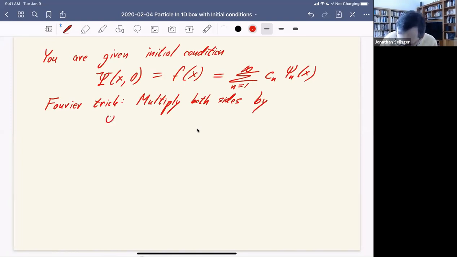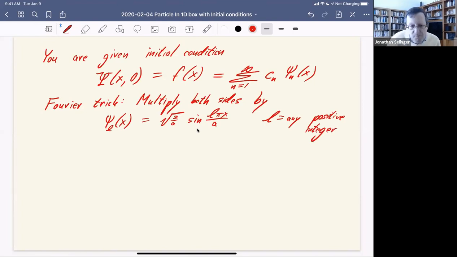Let's call it psi L of x, equals square root of 2 over a sine of L pi x over a, where L is any positive integer.